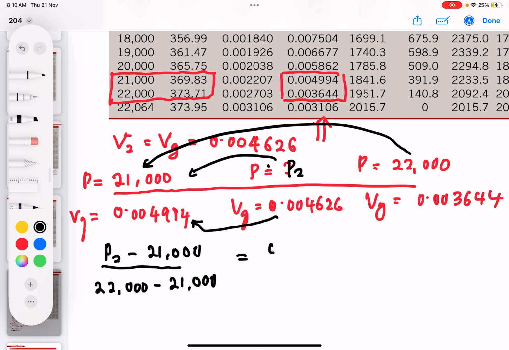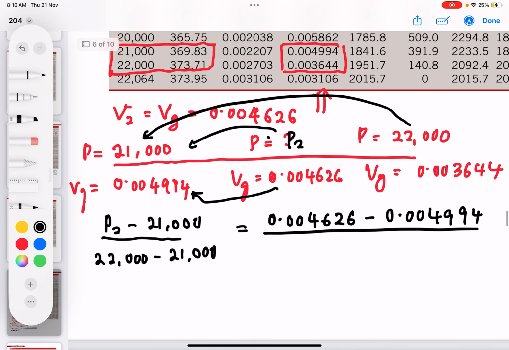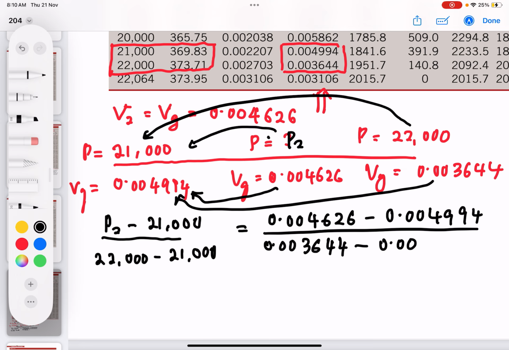So it's going to be 0.004626 minus 0.004994 divided by, and again same as above, this one is going to be minus this one. So it's going to be 0.003644 minus 0.004994, and then I just simply solve for P.